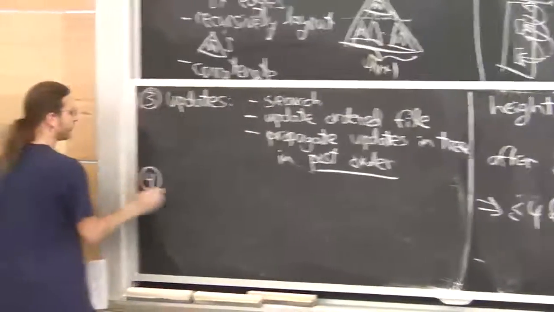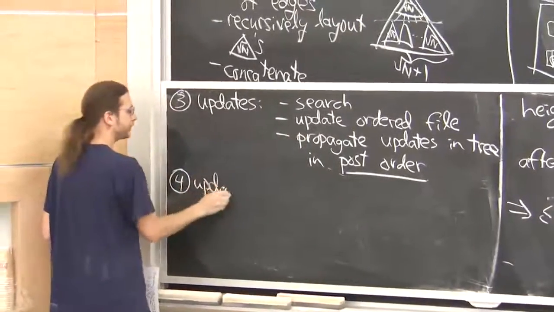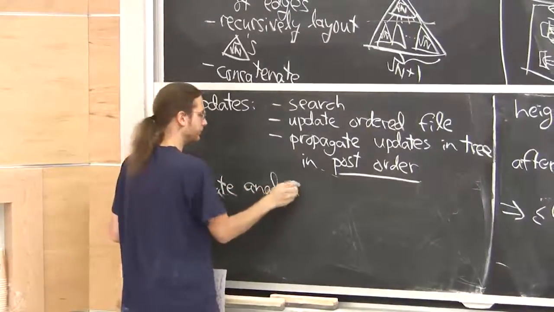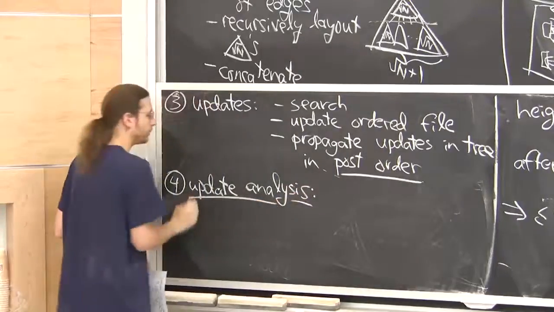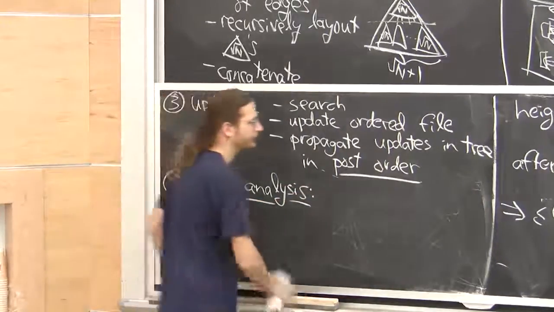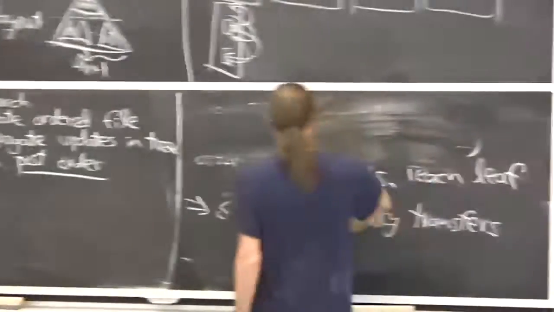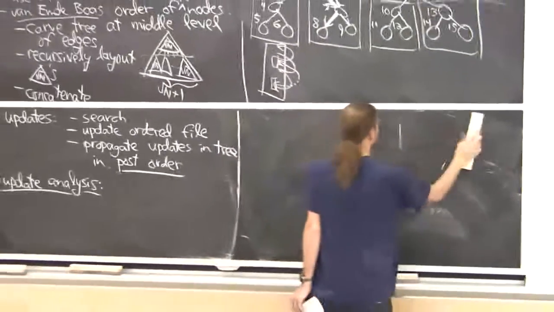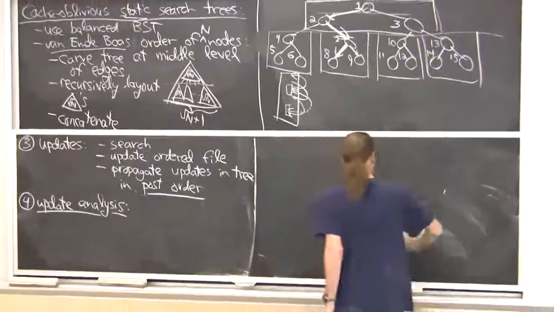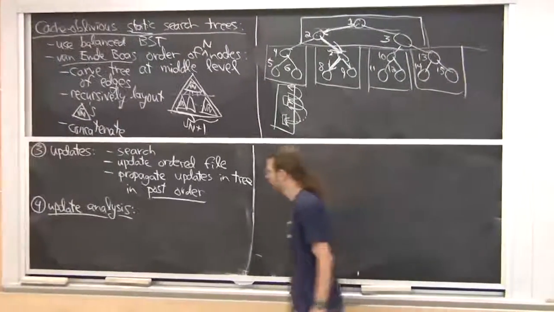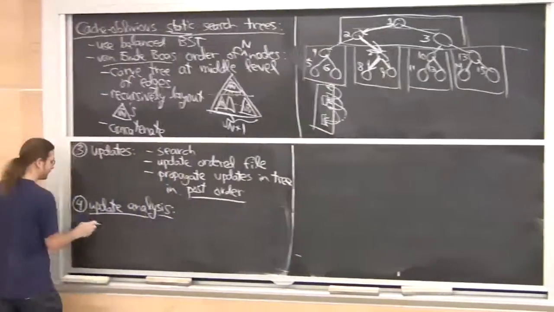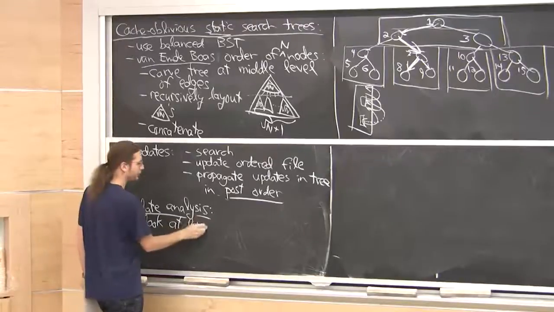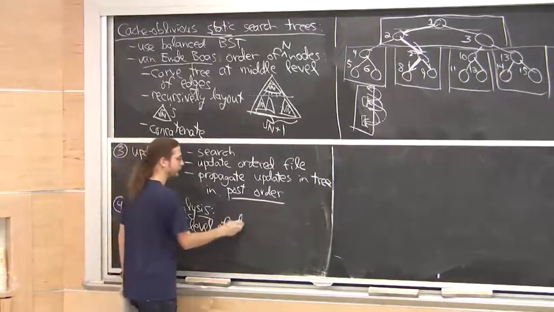So searches we've already analyzed. We don't need to do anything there. That's log base b of n. But updates are the interesting thing to analyze. And again, we're going to look at the level of detail that straddles B, just like before.